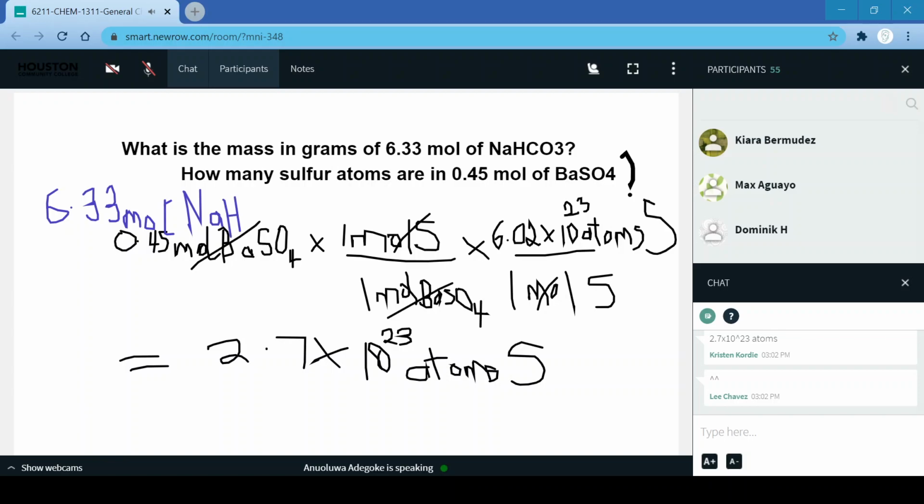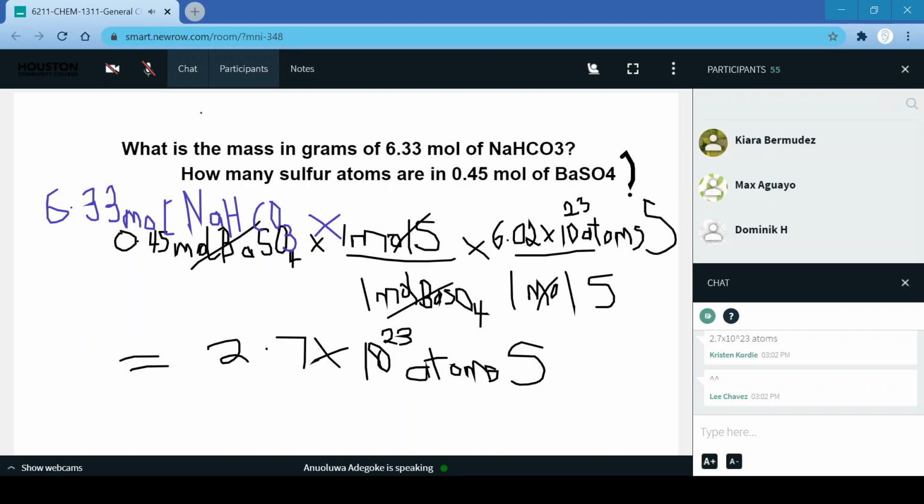This is something very common that we do a lot. We go from moles to mass, and we should also be able to go from grams to moles. All we do is multiply by the molar mass conversion factor, which says that 1 mole of a molecule or a compound equals its molar mass.